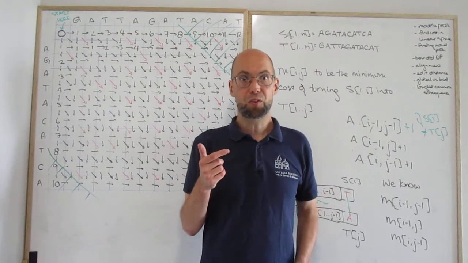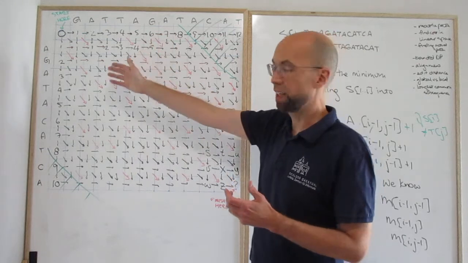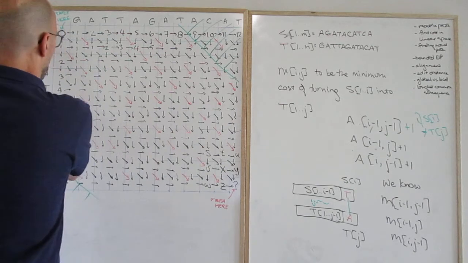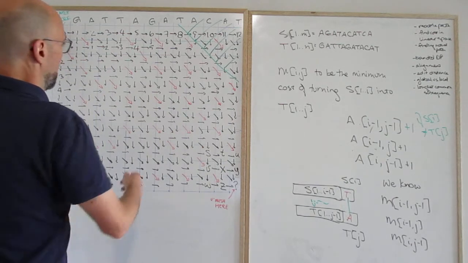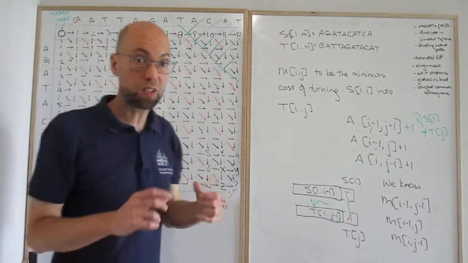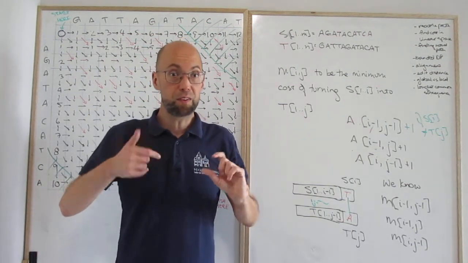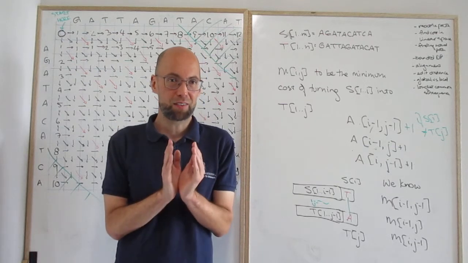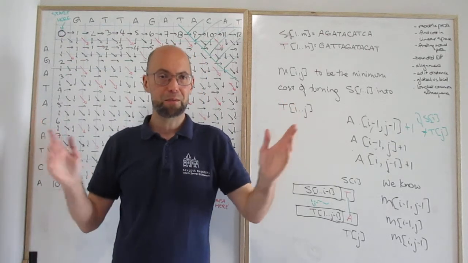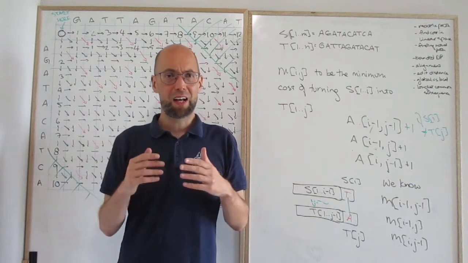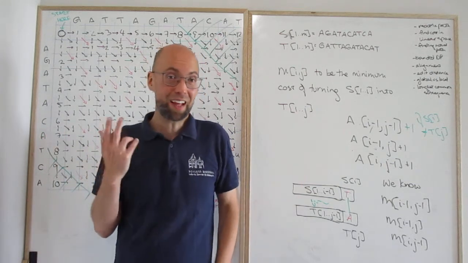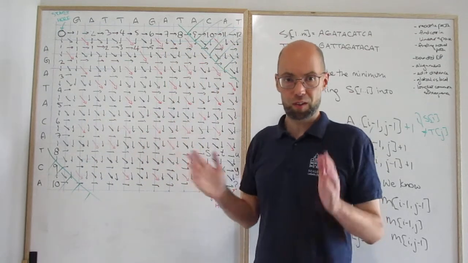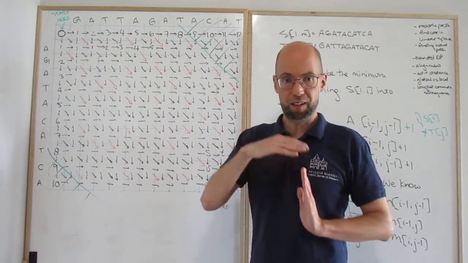Then you don't want to do a matrix like this, because the snippet is very short. So the cost to get from the top left to the bottom right is going to be huge because of the difference in length. You'd be working out how to turn this tiny little snippet into this enormous piece of DNA, this whole genome, and that would require a lot of insertions. This is called a global alignment. It's like everything against everything.